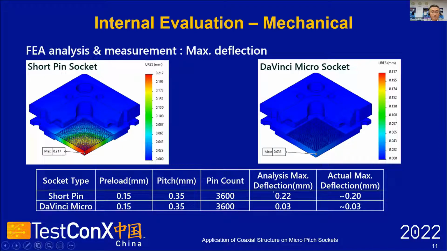You can see the maximum deflection for the short pin and the DaVinci Micro pin. Our DaVinci Micro shows less deflection. It means the DaVinci Micro socket can ensure better connection for all the pin bottom tips to the PCB pad.